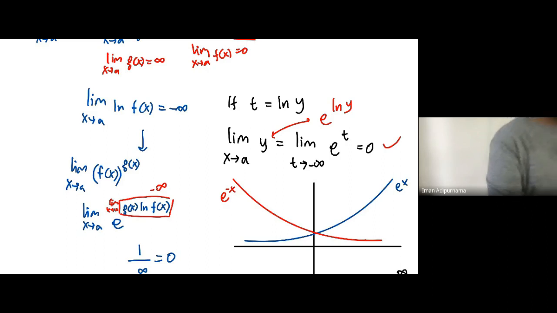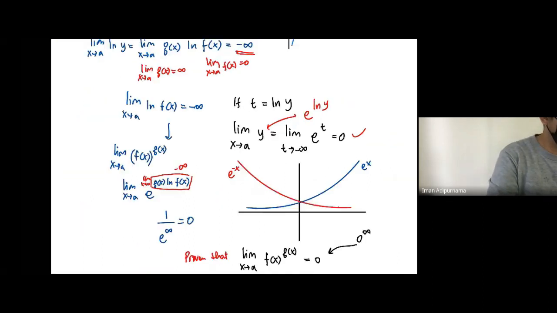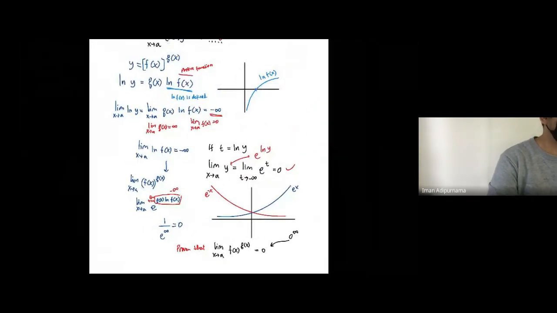Okay, so we move to another section called optimization. This is 4.7 optimization.